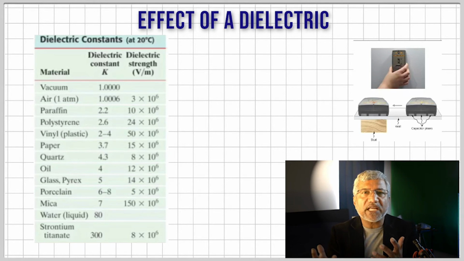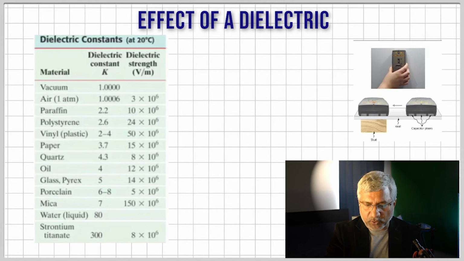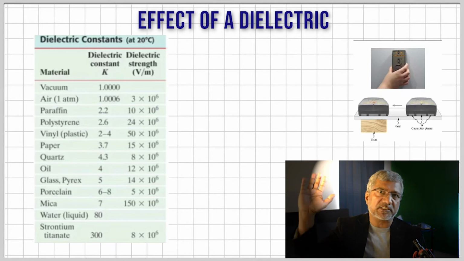It begins to conduct. It's interesting to note that air becomes a conductor when the voltage per meter is more than 3 times 10 to the 6. Well, we are safe, largely because the value is so high. When the voltage is 3 million volt per meter, air is a conductor. That's why you see sparks flying through.